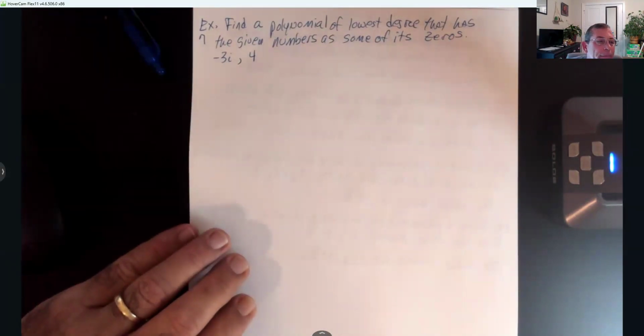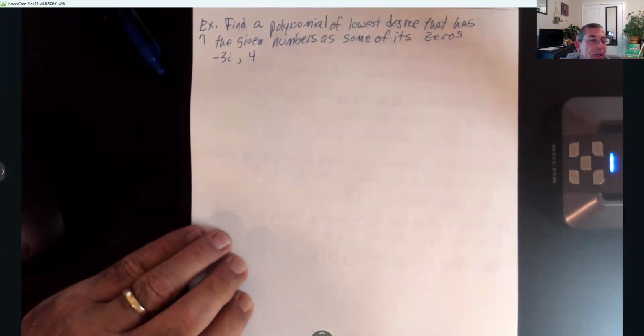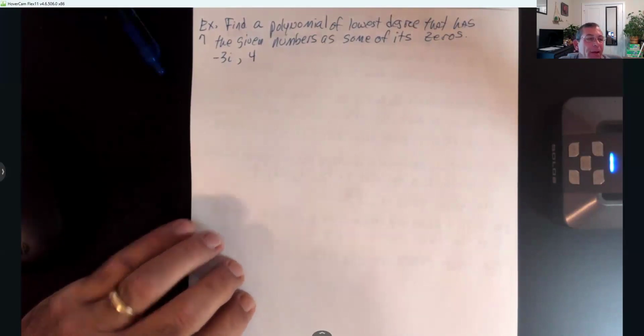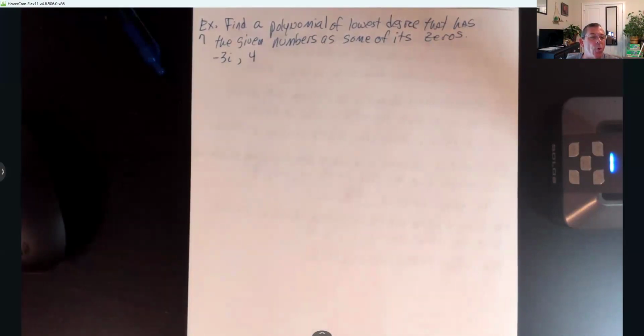All right, so y'all are getting my equations right, but y'all, I'm missing a zero. I've only got two. I got negative 3i and I got 4. What's missing based on what we know that we just went through? What else has to be a zero?